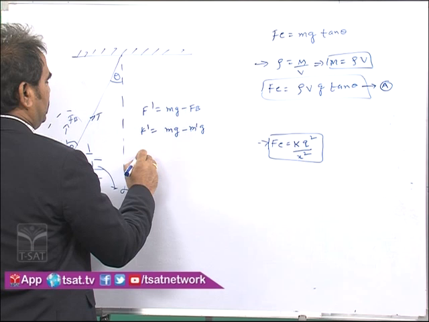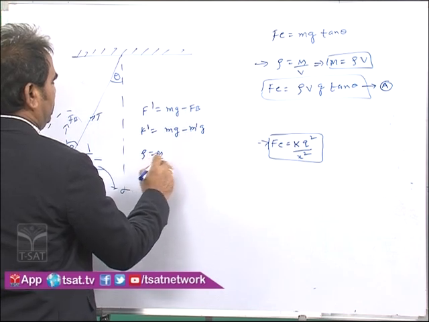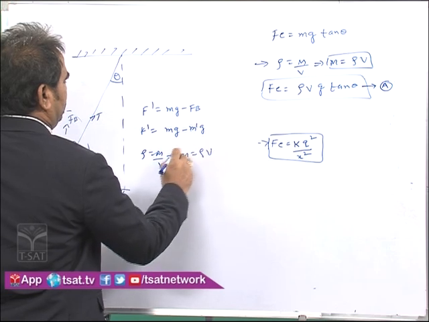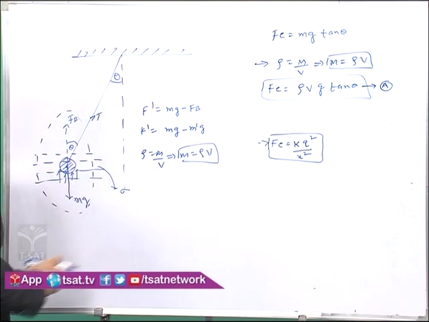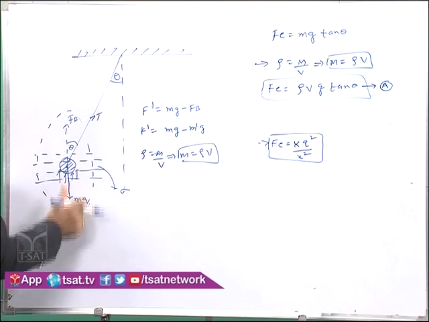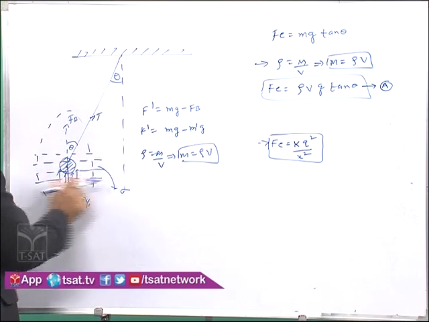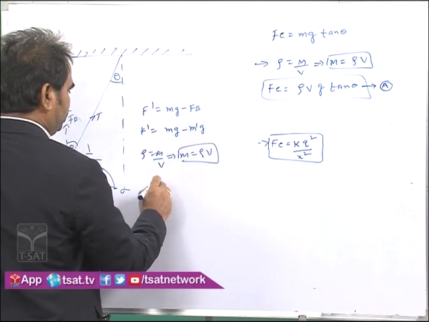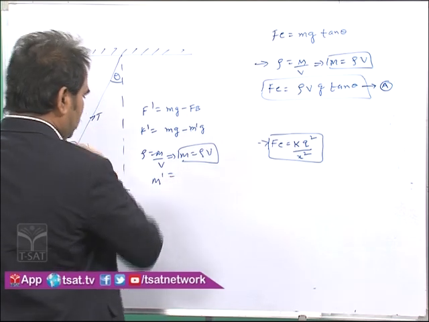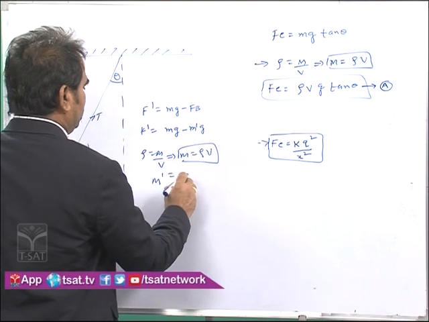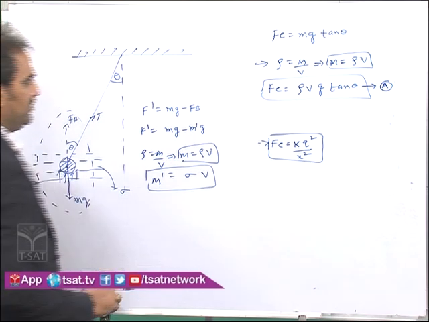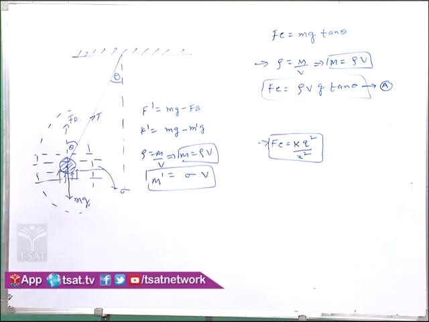Already you know rho is equal to m by v. From this, m is equal to rho v, which is the mass of this ball. The mass of the liquid displaced by the ball, acting upward, is given by m dash is equal to sigma into v, since the density of the liquid is given as sigma.